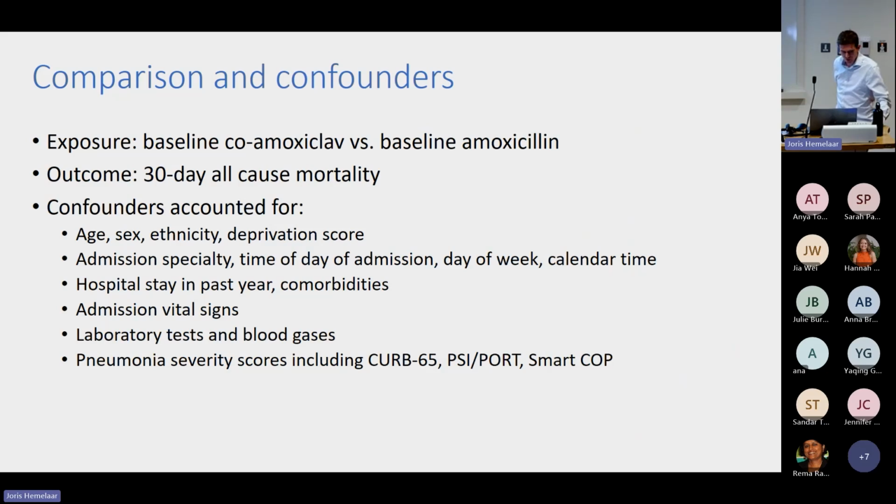So we hope to get as good a control of confounding as we possibly can, accounting for demographics, healthcare exposure, and the severity of the illness when someone first comes to hospital, both by individual markers and by composite severity scores that are widely used in pneumonia.